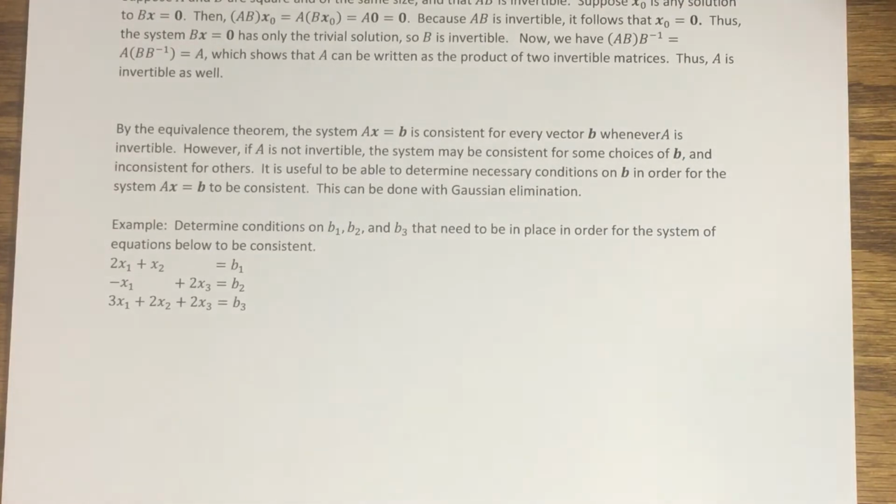But what if A is not invertible? What can we say? Well, if A is not invertible, then this linear system is going to either have no solutions at all or infinitely many solutions.